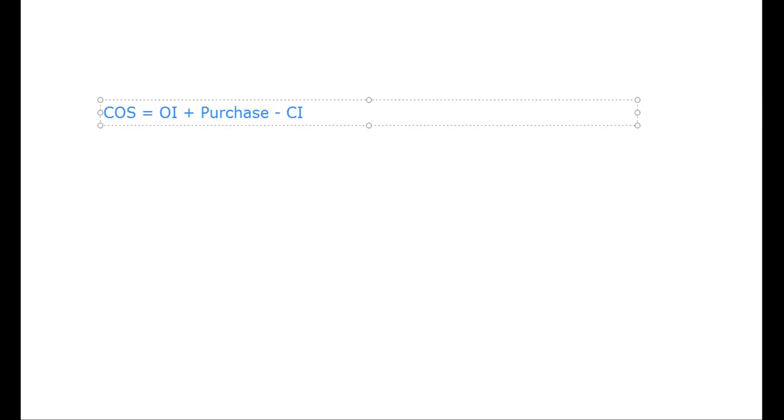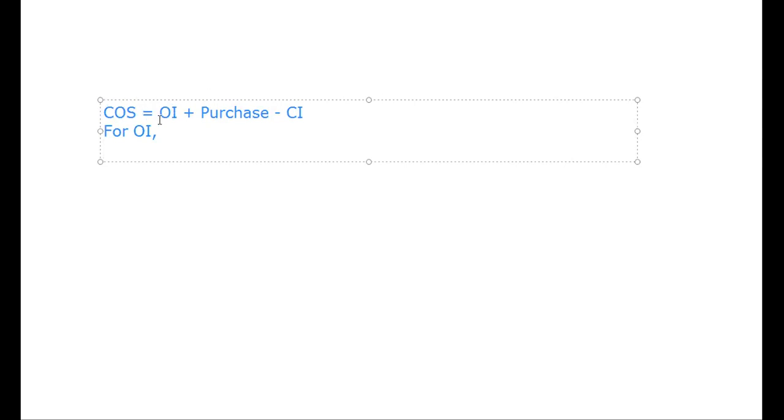Suppose you are told to write journal entries. How do we deal with opening inventory, but also how do we deal with closing inventory? That's what we need to adjust. As for opening inventory, it increases cost of sales.